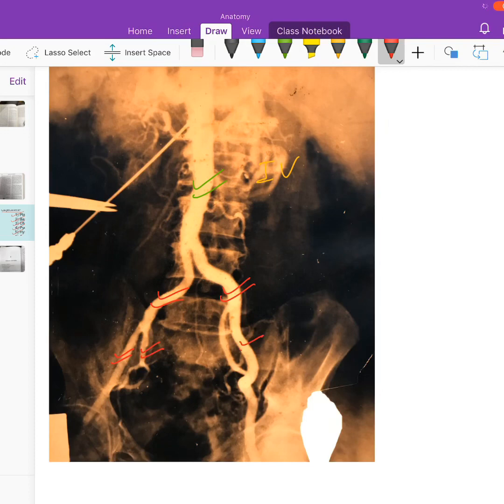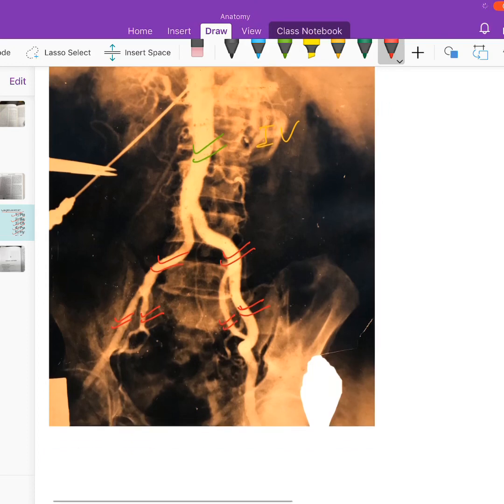This is the left external iliac artery and this is the left internal iliac artery. And when the external iliac artery crosses the inguinal ligament, it is known as the right femoral artery and left femoral artery.